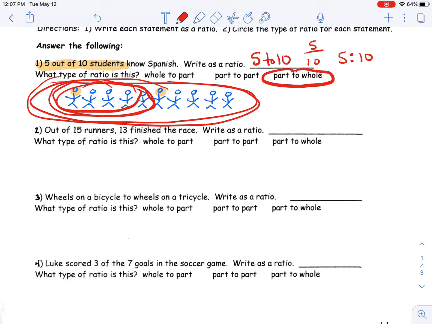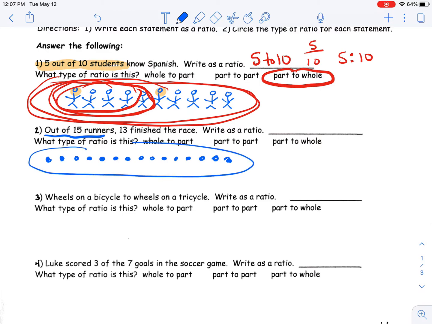In the second example, out of 15 runners. So now we have 15 runners. I'm going to just draw dots for them. Out of these 15 runners, 13 of them finished the race. This would be 13.